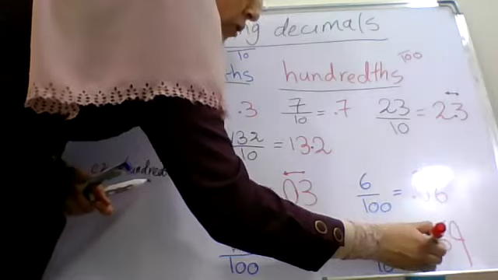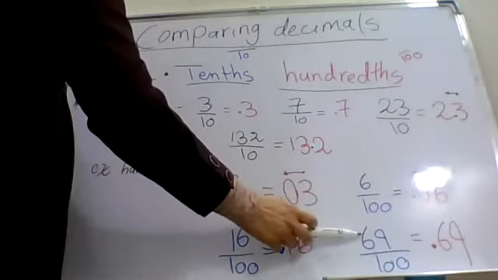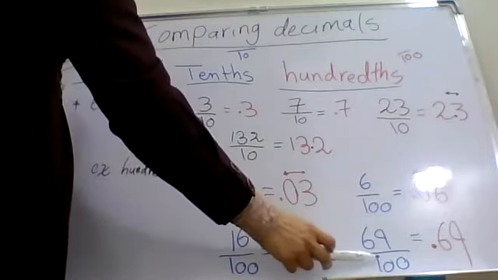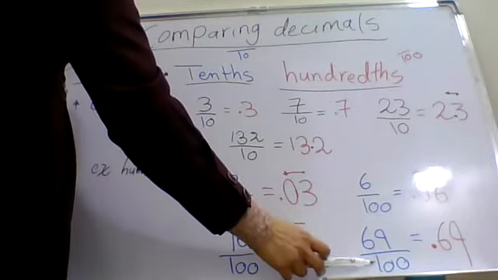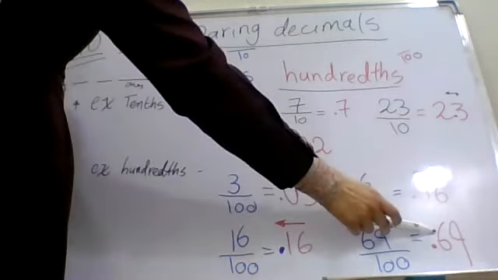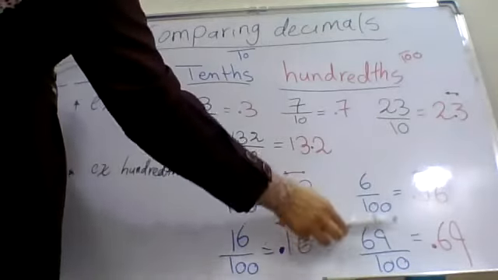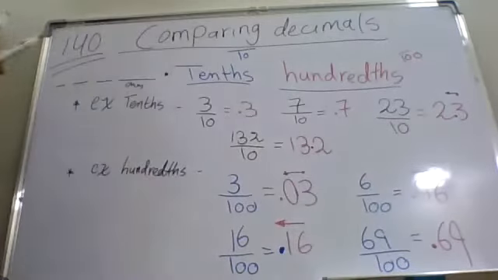And I write the point. So it's 0.69. I have 60 hundredths, which means 6/10. It's on the tenths place. Okay? And 9 hundredths, it's 9 on the hundredths place.